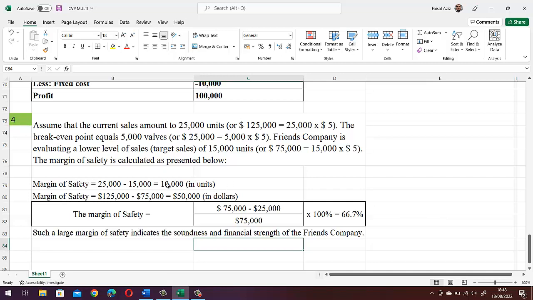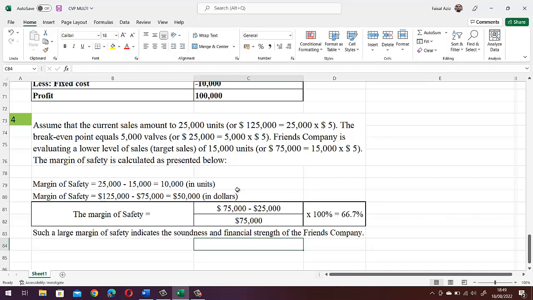The margin of safety: their sales are 10,000 units over and above their target level, the minimum level of sales. And when we calculate the margin of safety in terms of dollar value, we can simply multiply this 25,000 with the given average price of $5, so it will give us $125,000, and 15 into 5 will give us $75,000, and overall it will come to $50,000 in terms of sales revenue.